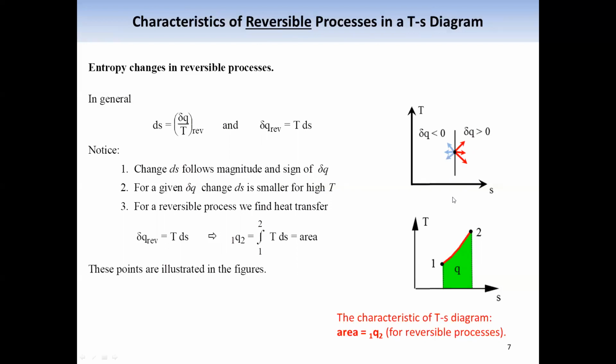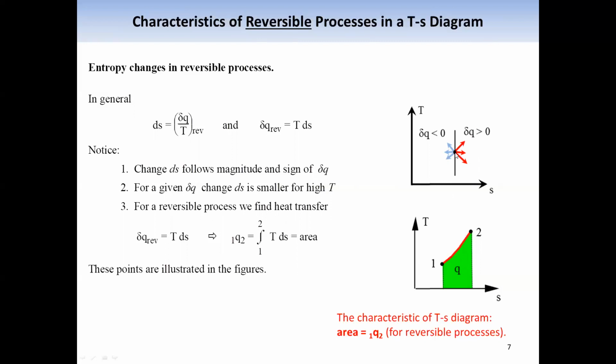One interesting thing we can say is if the change is toward the right-hand side of the diagram, then dq must be greater than 0.